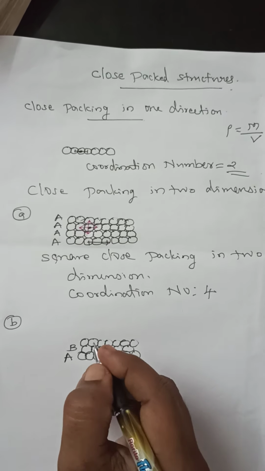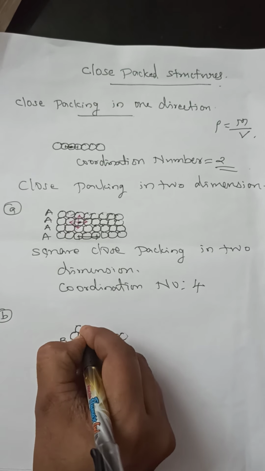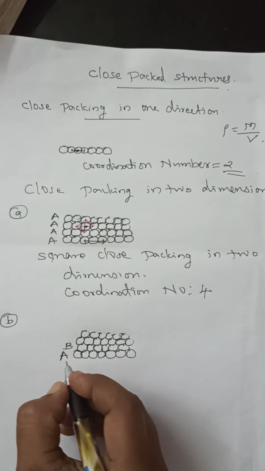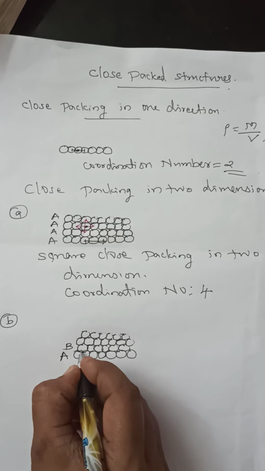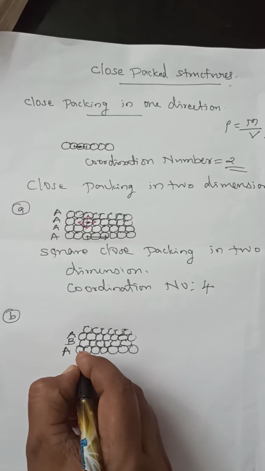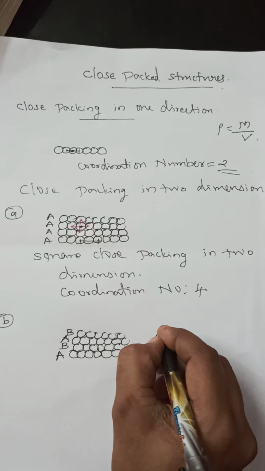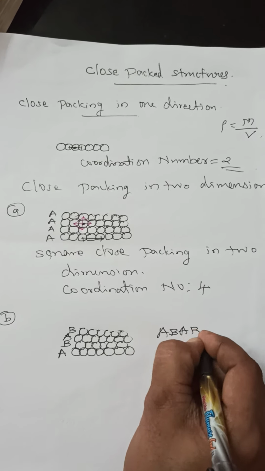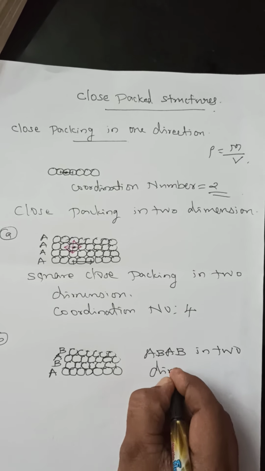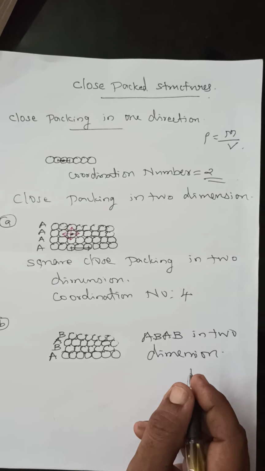And now the third one comes in the depressions made by the last row. So the third row is the same as the first row, and the fourth row is the same as the second row. So this is called an AB type arrangement in 2 dimensions.